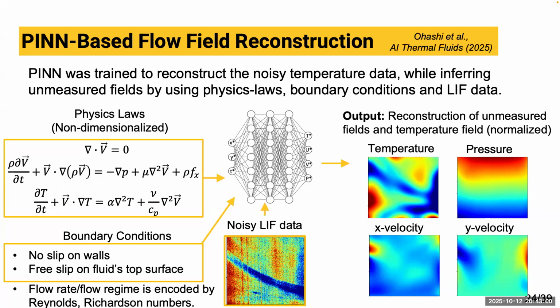In our experiment, the fluid didn't really touch the top surface of the channel, so that's why we apply the free slip condition. And of course, we provide the noisy temperature data. The expected output is the predicted temperature, pressure, and x, y velocity fields.